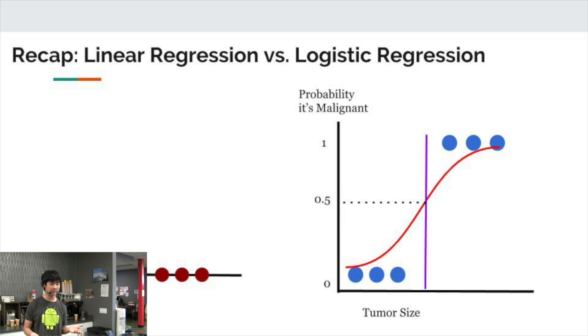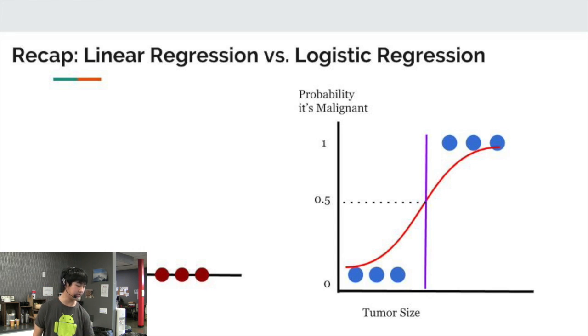We have no clue if it's malignant or not. If it's a little bit smaller, then we would classify it as not malignant, and if it was a tiny bit bigger, then we would classify it as malignant. By looking at these boundaries, we can get a sense of what the model thinks.